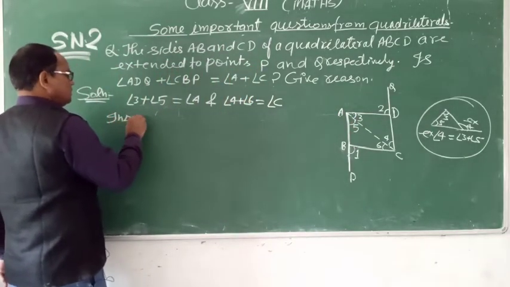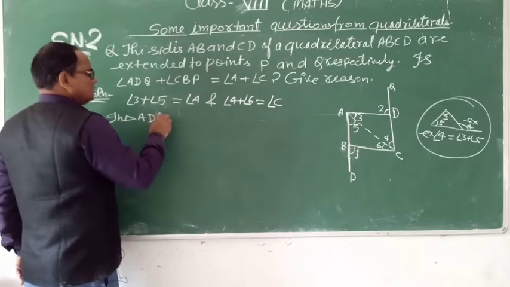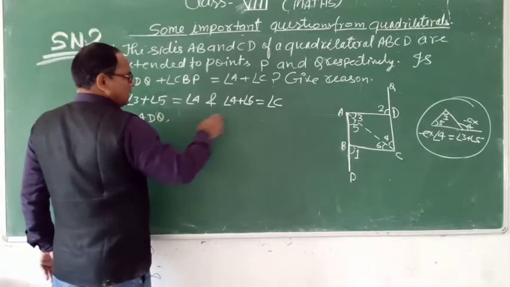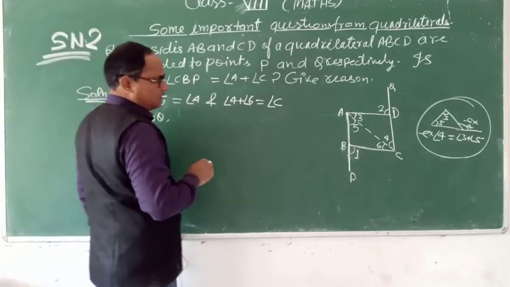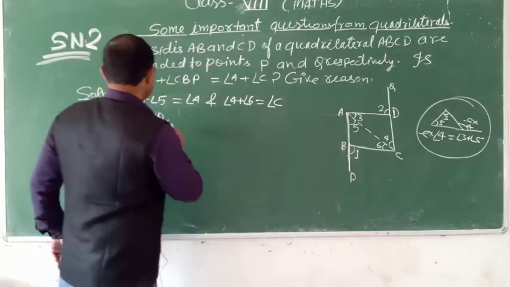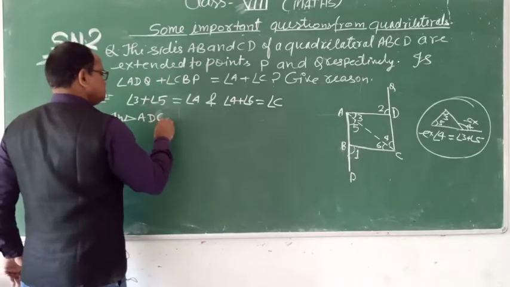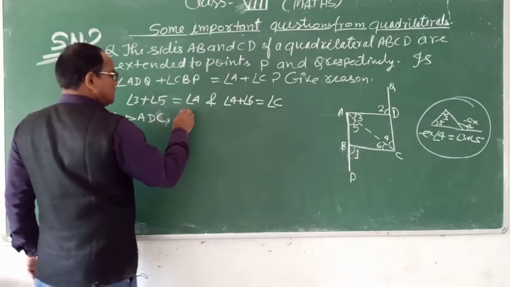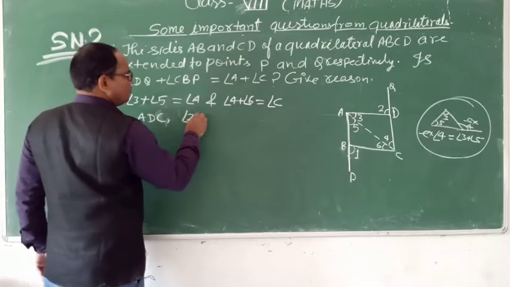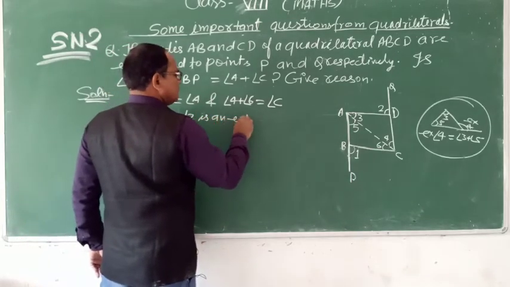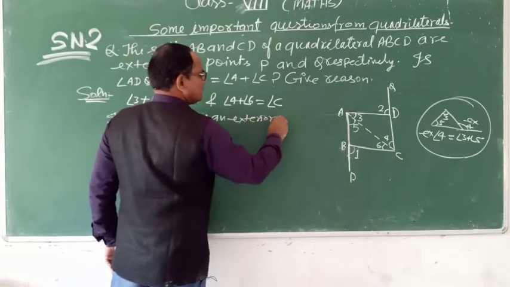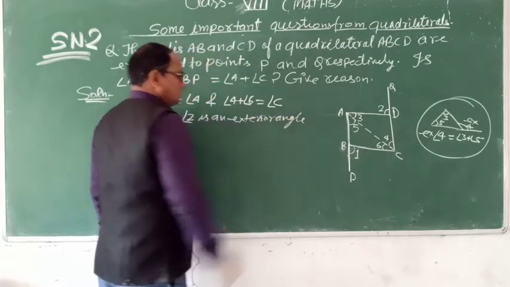in triangle ADC, angle 2 is an exterior angle.